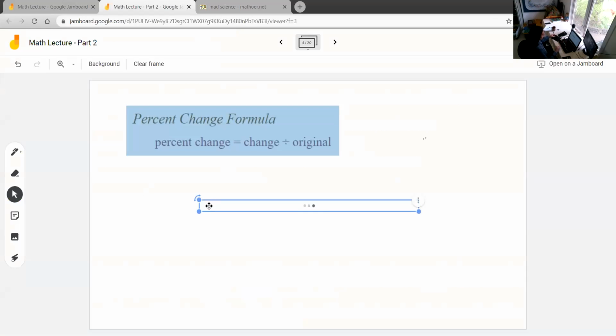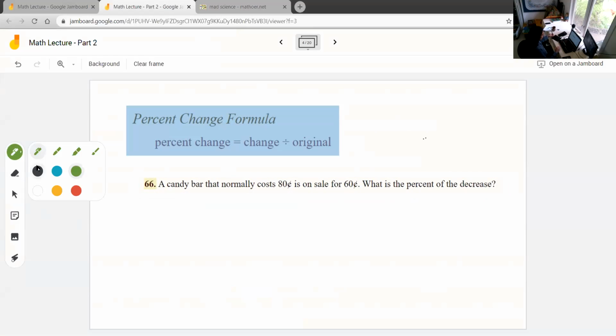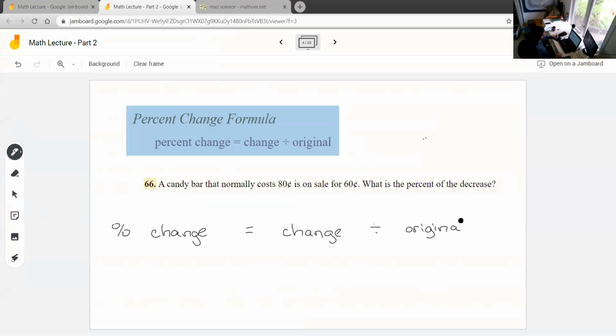So when we see this sort of problem, we don't have to think too much, just percent change. Which is the change? Careful, trick question, no. The original is certainly 80 cents.